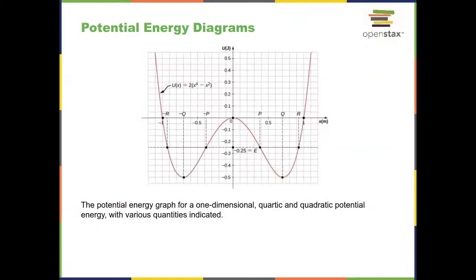So one example would be this. This is a potential energy that now has a 4th order term and a 2nd order term. So it's a 4th order curve that describes the behavior at large x, and then there's a 2nd order parabola term that describes the behavior at small x.